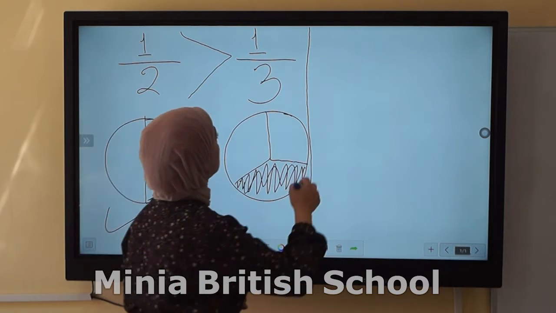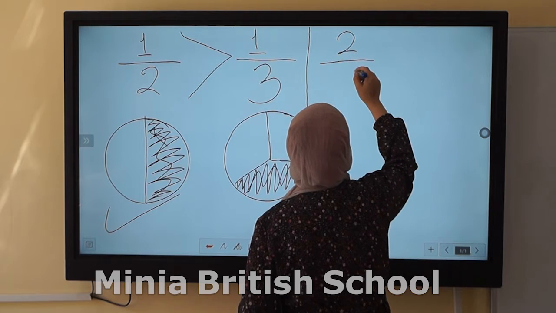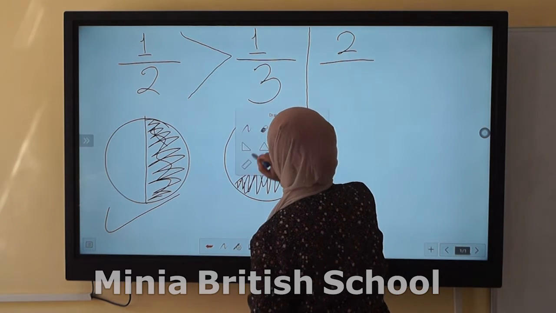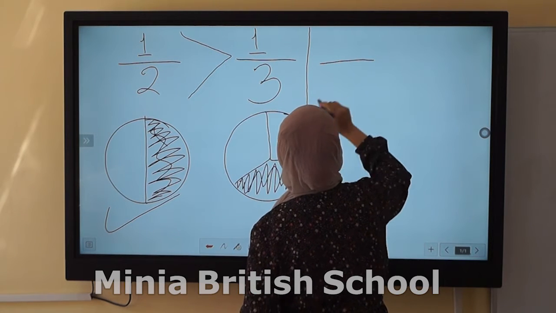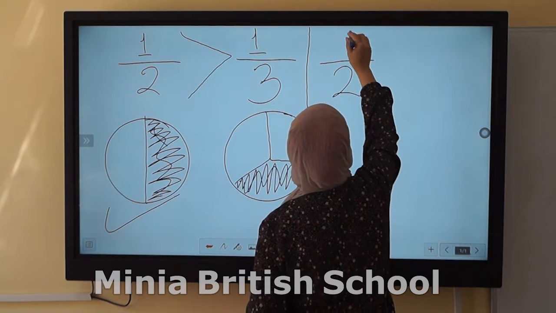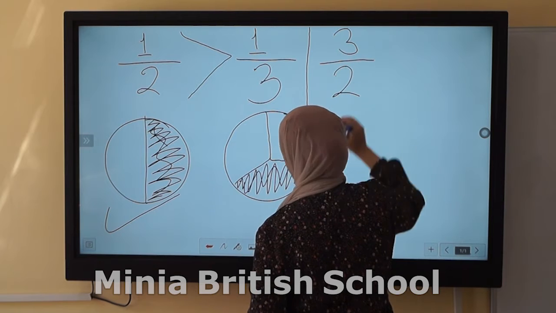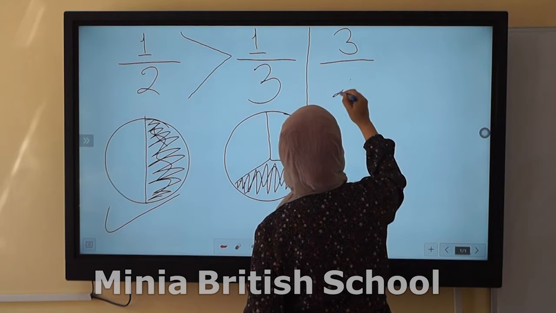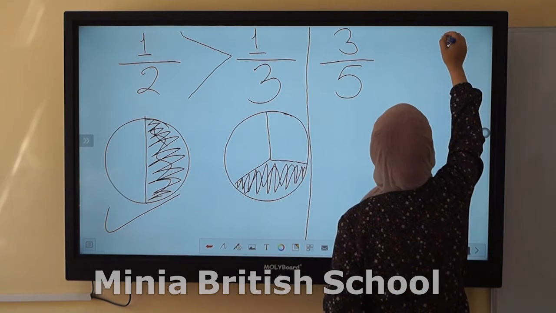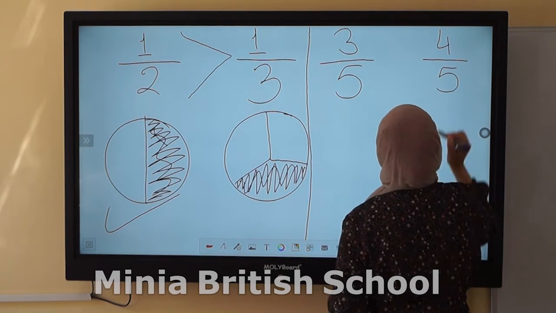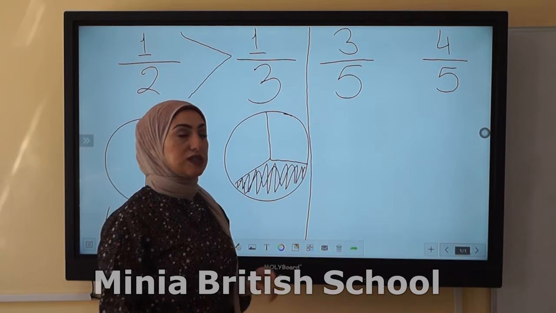In the other side, let's be 5. Here, the numerators are different and the denominators are the same.